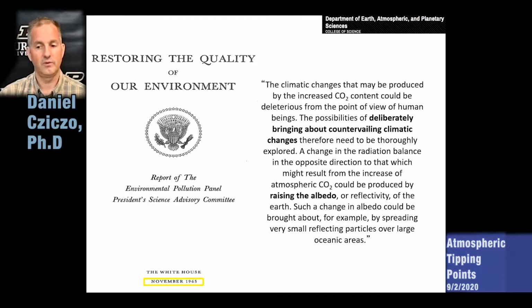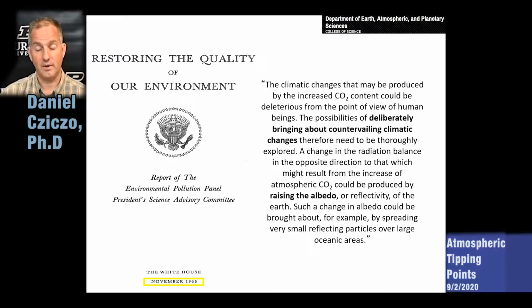And the quote is here for you to read, but there's clearly an understanding over 50 years ago that CO2 increases in the atmosphere were going to increase the temperature of the planet. They were acknowledging that global warming was and would continue to occur and actually increase. And they're asking a question: is there something that we can do about it to change the temperature of the planet back?